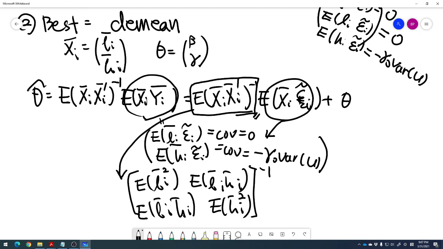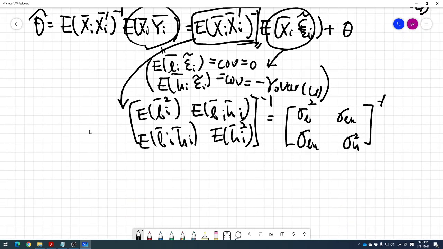This is the variance of L, this is the covariance, covariance, variance. You may simply write it this way: sigma L squared, sigma LH, sigma LH, sigma H squared. It does not matter, whatever notation you use. You may use a simple notation, and of course, you have to put the inverse.